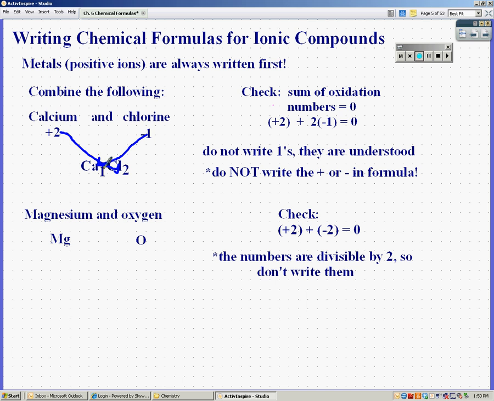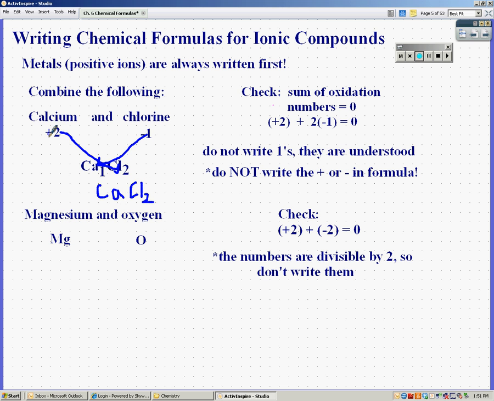So if I wanted to make a compound out of calcium and chlorine and I was trying to figure out the formula, it's Ca, and I need 1 calcium and 2 chlorines. We never write 1 because it's redundant, so we rewrite that without the 1 as CaCl2, subscript 2.